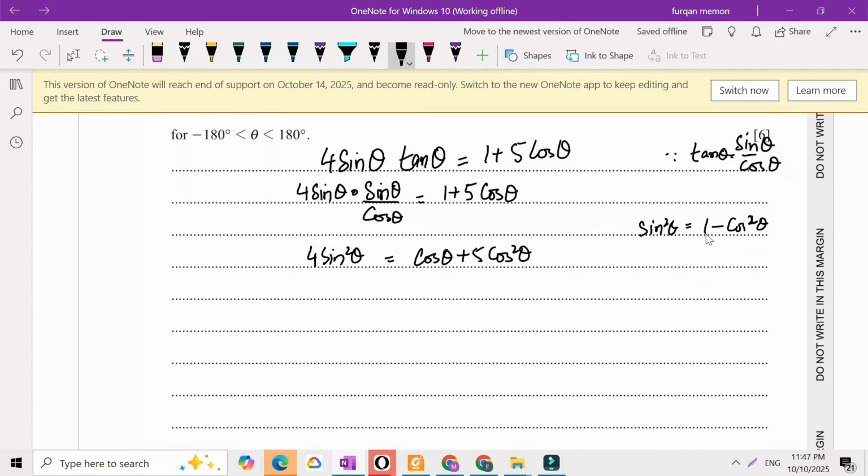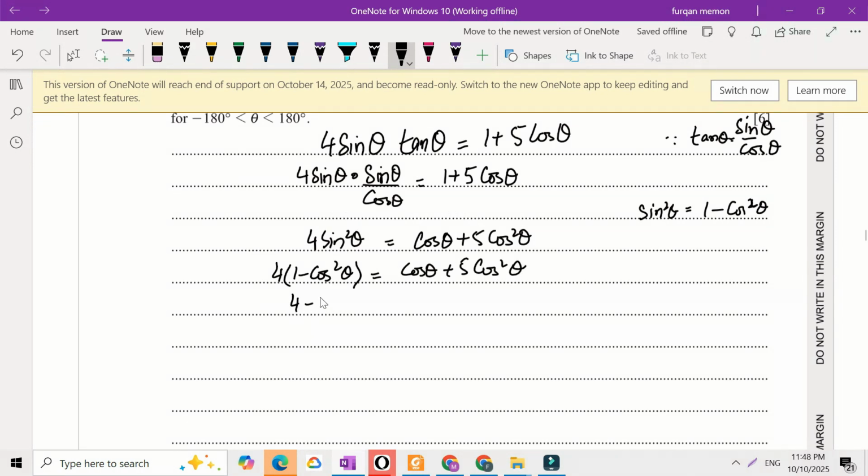So when we plug 1 minus cos square theta here, it will be 4 times (1 minus cos square theta) equals cos theta plus 5 cos square theta. Further solving, 4 minus 4 cos square theta equals cos theta plus 5 cos square theta.